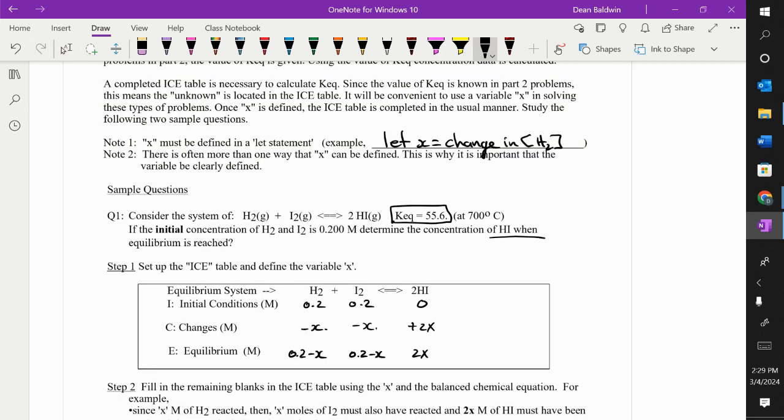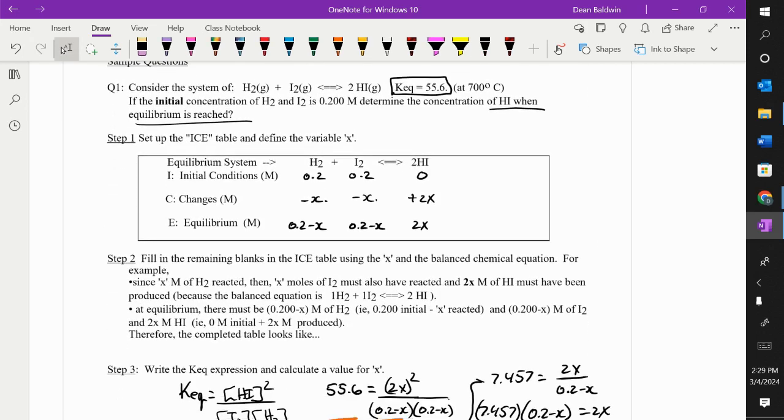Determine the concentration of HI when equilibrium is reached. So I want to know how much of this I have, right? What does X represent? The change in H2, or I2 or whatever, it's the same thing in this case. So if we lose so much X, I could calculate how much H2 I have. If I want to know how much HI I have, it's 2 times whatever X is.